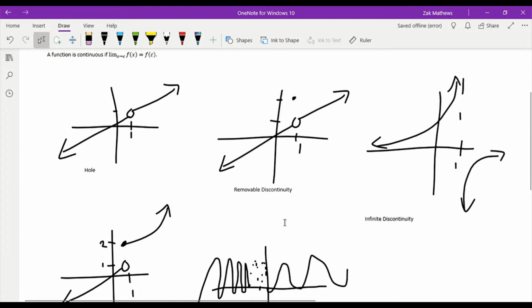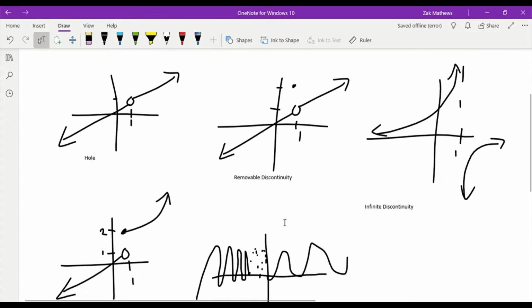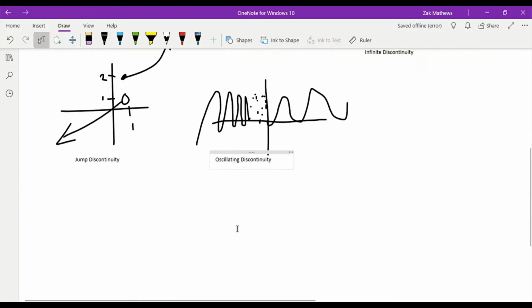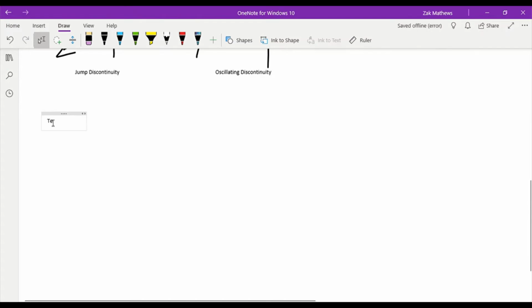However, if we're going to state why something is discontinuous or not continuous, we're not just going to use the name. I want to see that we are formally stating the reason why. That brings us to our test for continuity. Three things must be true to be continuous.